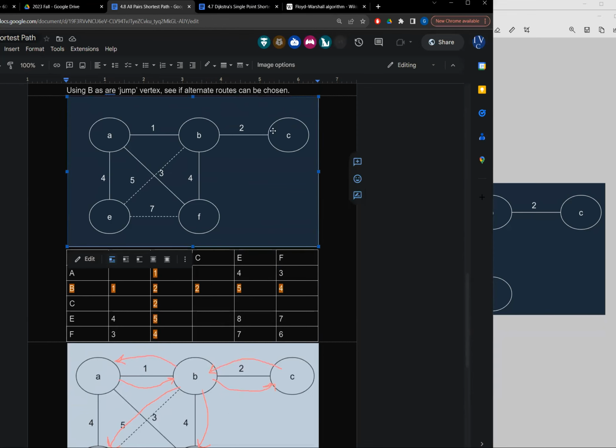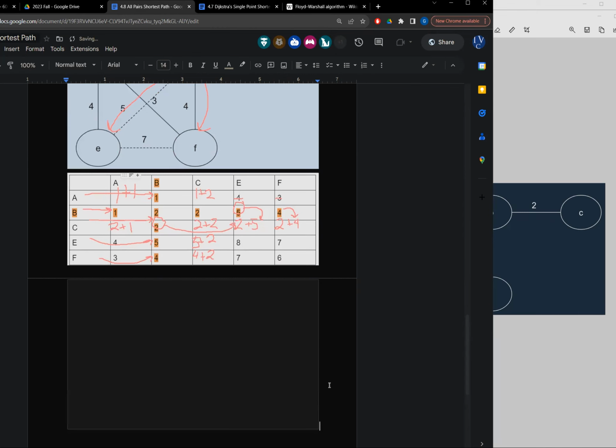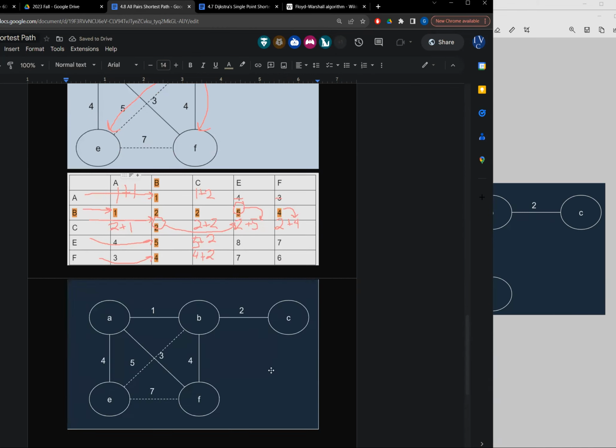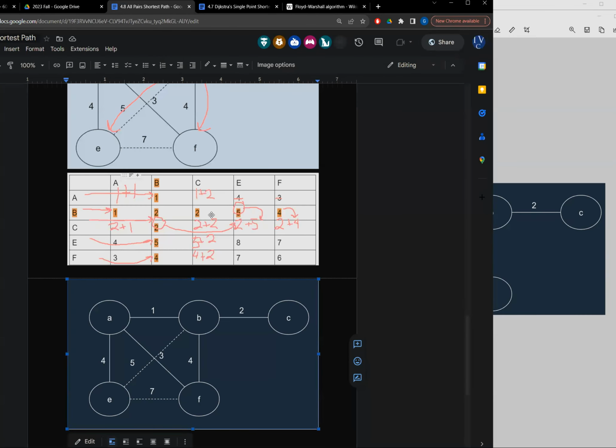All right, so we have updates, which I forgot to draw on my table, so I'll get there in a second. Right, A now has a path to C. Too much data to remember.